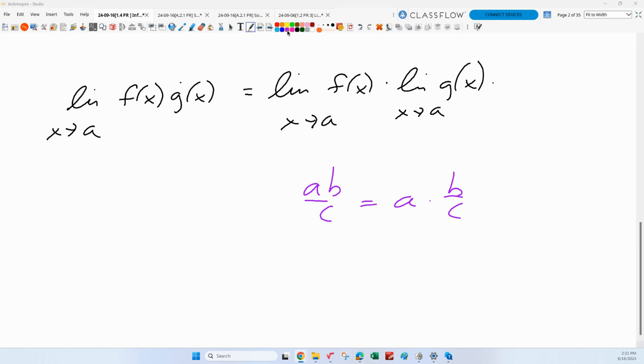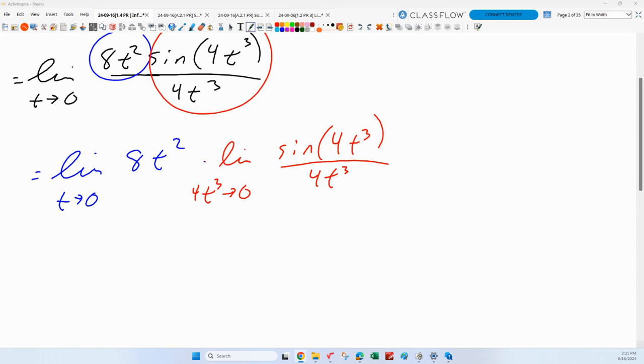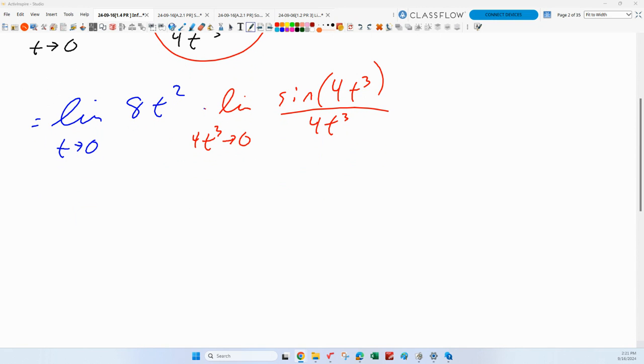That's fine. Okay, makes sense. And so then we get the answer. This is equal to 0 times 1, which is 0. So our answer is 0. Okay, good?